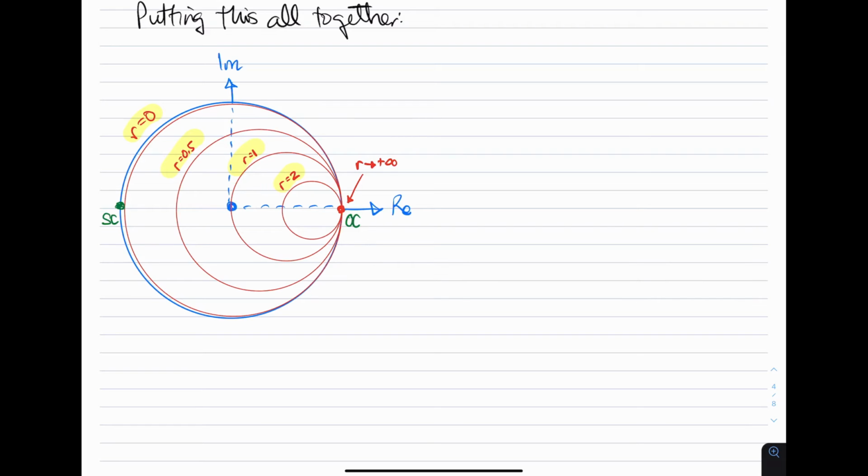All circles intercept the unit circle at the extreme right-hand side, and these correspond to impedances that go from 0, 0.5, 1, which intersects the bullseye, as we say, r equals 2, and then as r grows to infinity, we collapse down to that point, which we refer to as the open circuit position. But again, that's not only the open circuit position. That one point there is actually all possible values of r.